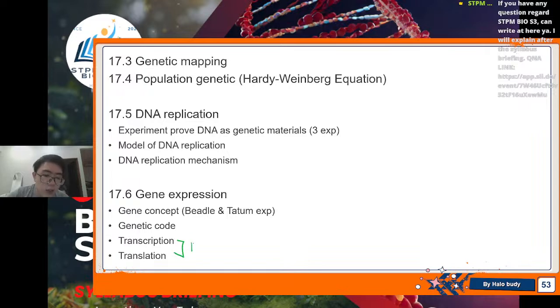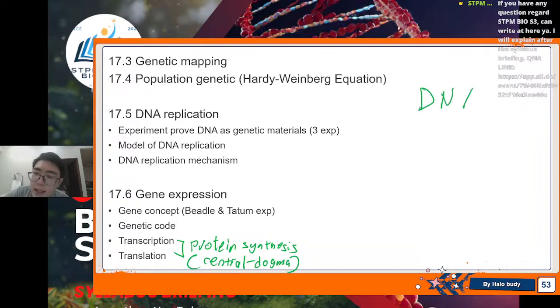Actually, transcription and translation are involved in protein synthesis. Another name is called central dogma. Some books call it the central dogma. So what does it mean? It is based on DNA. Dia akan hasilkan mRNA.